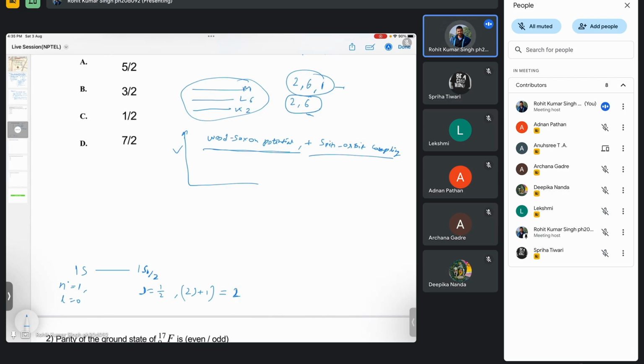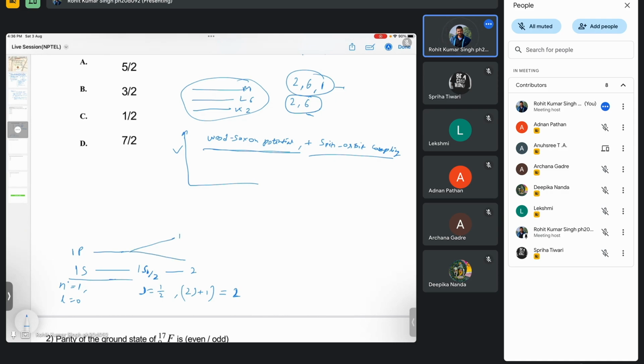So this state will hold two fermions basically. Two neutrons or protons can be there in this 1s state. Okay. So after this comes the 1p state, and it can split into two.